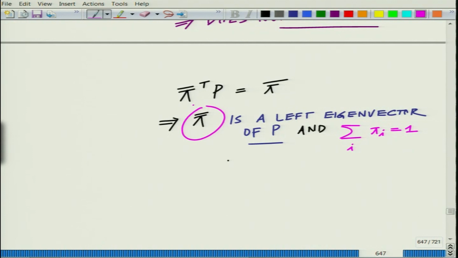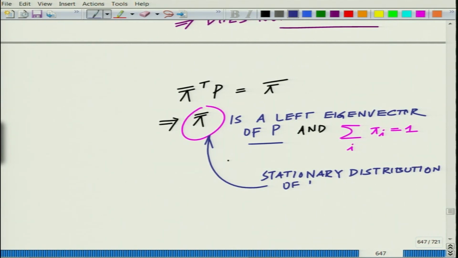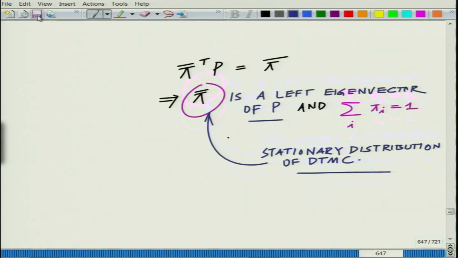That gives you the stationary distribution of the DTMC.